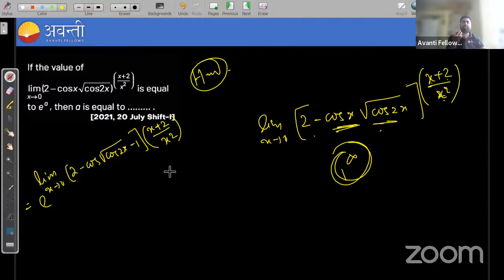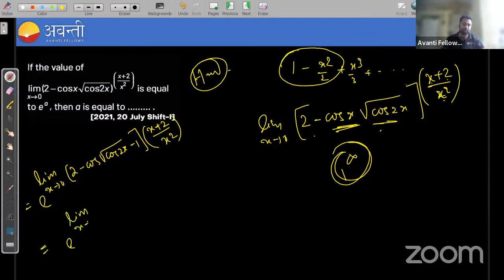You can use the series expansion of cos x. The series expansion of cos x is 1 minus x square by 2 plus x cube by 3, like this. So just take these two terms in place of cos x. So we'll put e raised to the limit as x approaches 0 of 2 minus... Why am I not taking the higher degree terms? Because they are negligible, they are approaching 0.